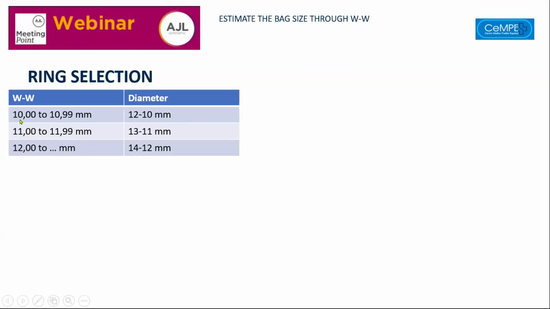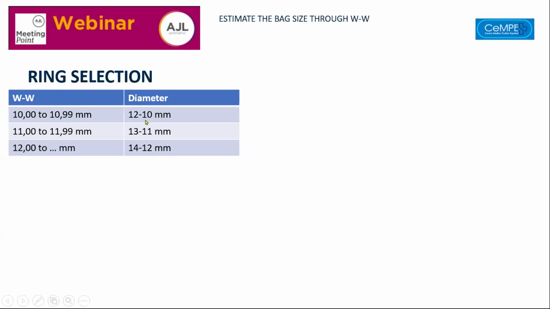So if the capsular bag is 10, then with a 12-10 ring, the ring will remain almost closed. And with a 10.5 white to white, you will still have a stretching of the capsule. And with an almost 11, you will still have 1 millimeter spring effect on the capsular bag.